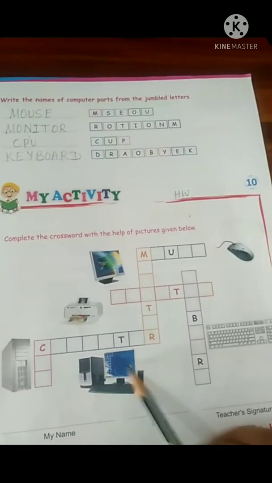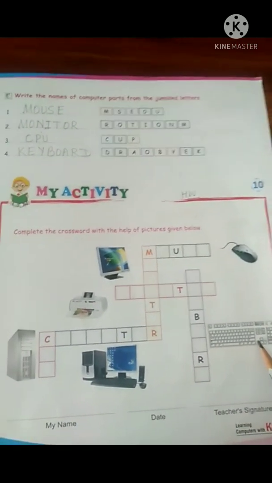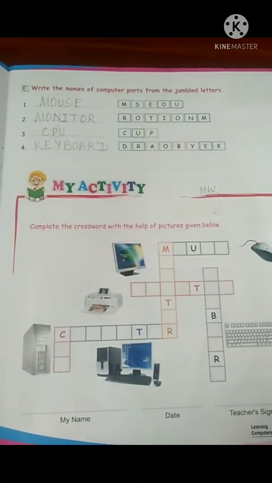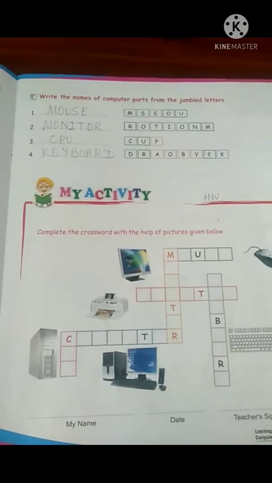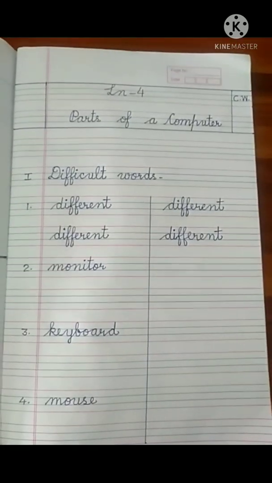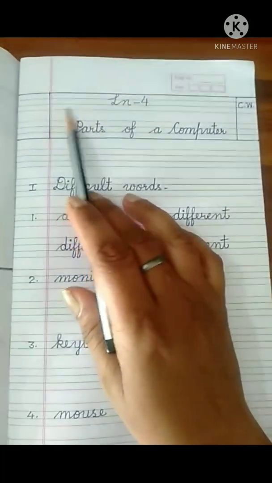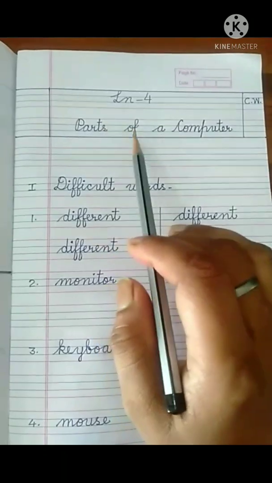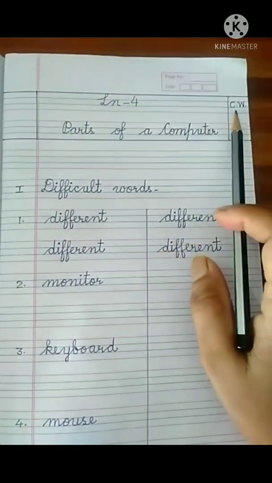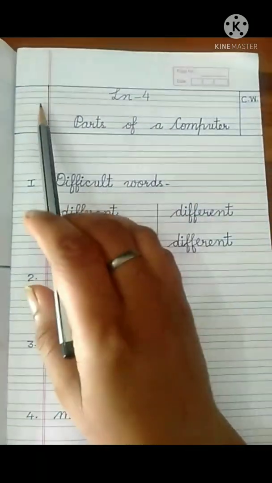and computer and keyboard. Okay, now let's start copy work of this lesson. Now children, let's start copy work. First you have to make a 2 lines headline and write lesson 4. Lesson name, Parts of a Computer. Here write CW and here the date.